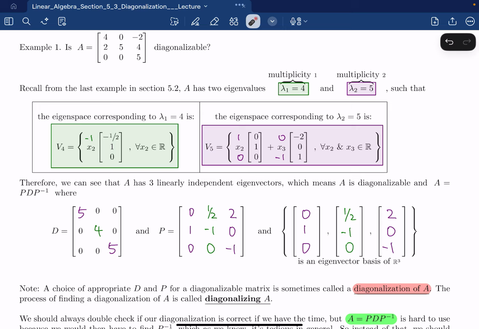So the example we did here, we have on the screen right now, is that this and that is our choice of basis for the eigenspace corresponding to lambda 2 equals to 5, and this is our choice of the basis corresponding to lambda 1 equals to 4. Okay? That's really all there is to it.